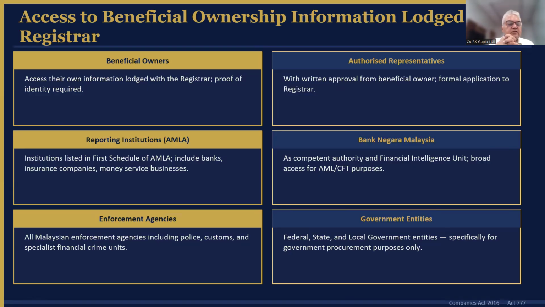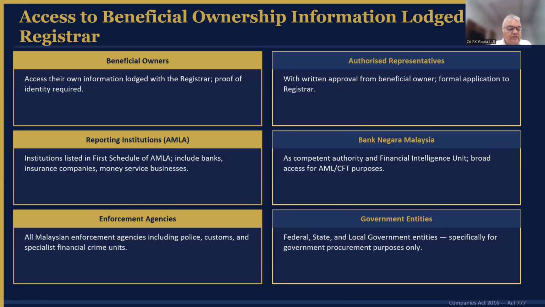Regarding reporting institutions under AMLA, institutions listed in the First Schedule of AMLA include banks, insurance companies, and money service businesses. Bank Negara Malaysia, as competent authority and financial intelligence unit, has broad access for AML and CFT purposes.